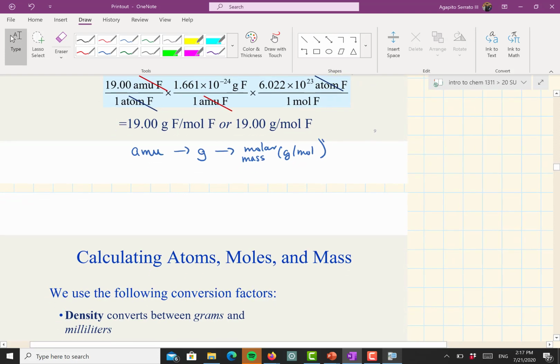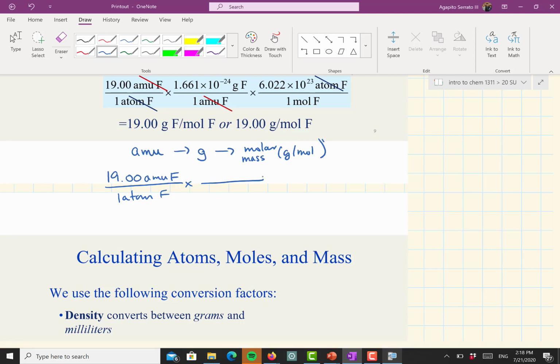So we start off with 19.00 AMU of fluorine per 1 atom of fluorine. Then we're going to multiply that by the relationship of AMUs to grams, which we said earlier is 1.661 times 10 to the negative 24 grams of fluorine is equal to 1 AMU of fluorine.